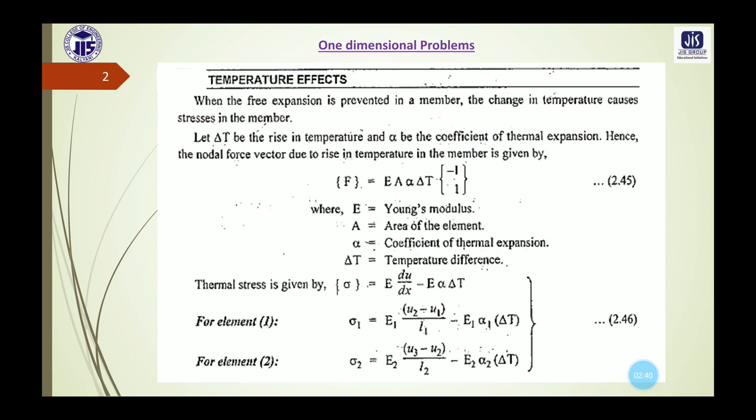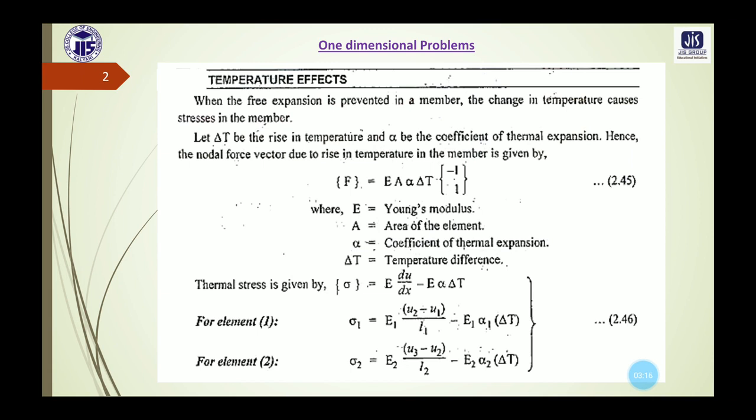So that means the formula of the thermal stress sigma is equals to E du dx minus E alpha delta T. So earlier when we have calculated the value of the stress without considering this temperature effect, in those cases the formula of the stress was only E du dx. Now here we are getting the formula of the thermal stress. This is equals to E du dx minus E alpha delta T.